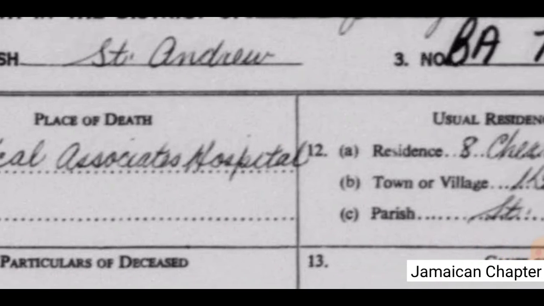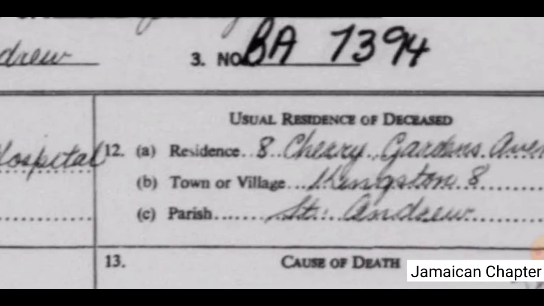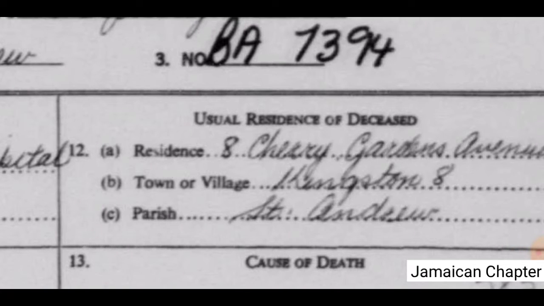And we move to the right of the form at the top where it says usual place of deceased, 8 Cherry Gardens Avenue, Kingston 8, St. Andrew. So this was his place of residence prior to death.